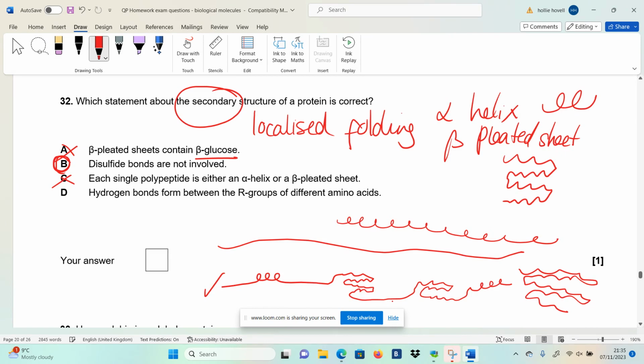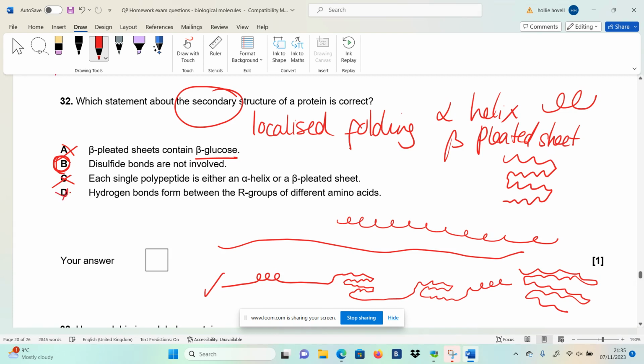Now, we know that the secondary structure is held between R groups. Sorry, we know that the secondary structure is held with hydrogen bonds. But they don't need to be different amino acids.